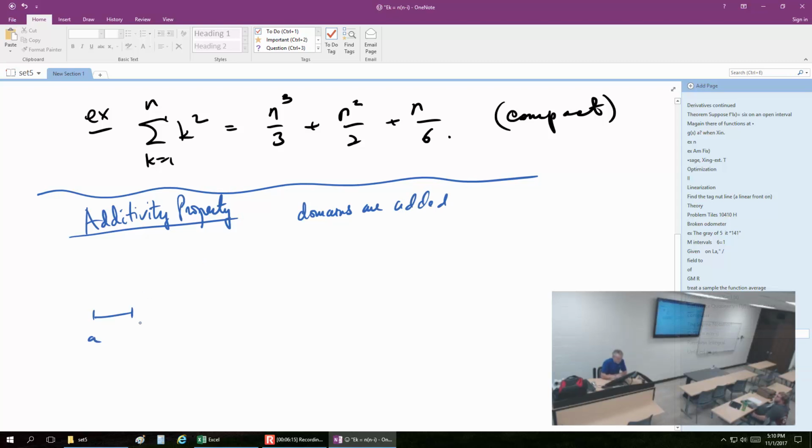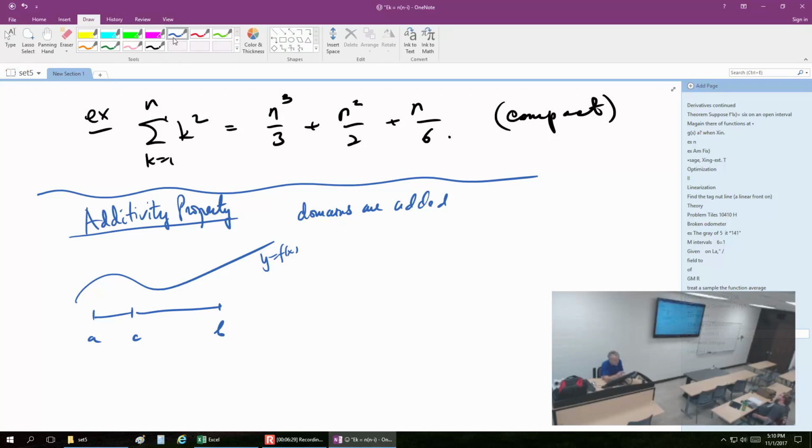Say domain A, C, and then there is a domain C, B. You could have the same function, y equals f of x, but the domain is broken into pieces, and therefore the areas are also broken into pieces. So one area, and then the other area.